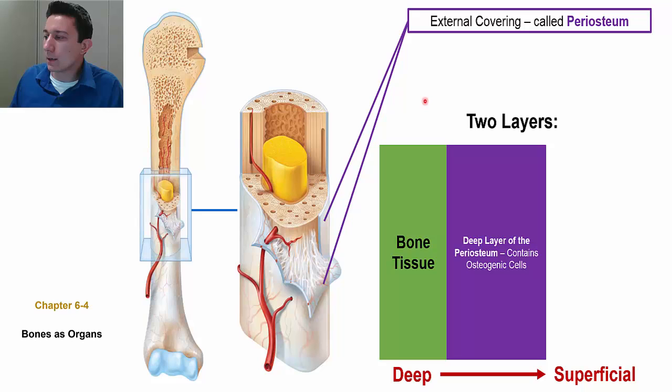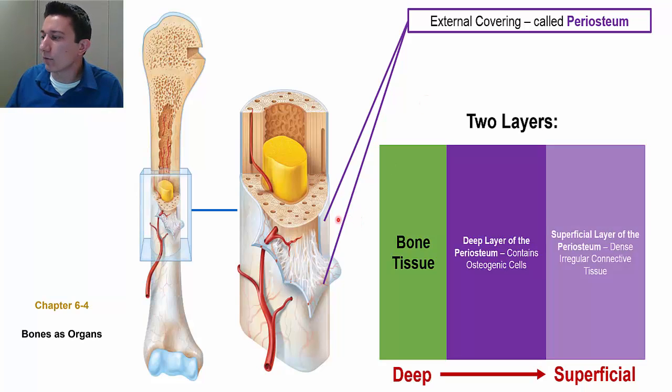So these are the stem cells of bone tissue that undergo mitosis, and when they receive the proper signal, some of those osteogenic cells will become osteoblasts, which are going to form bone tissue. So there's a layer of osteogenic cells, or a layer of bone stem cells, that makes physical contact with the bone tissue in this periosteum.